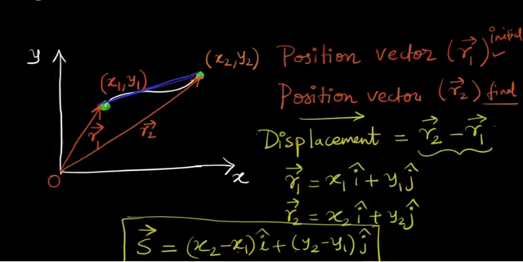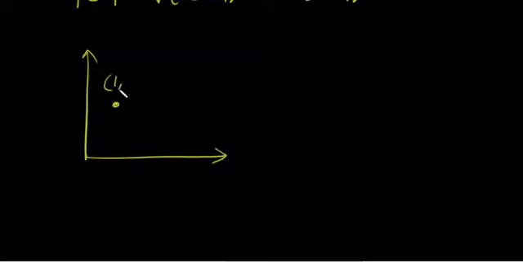Now let's consider one example. A person is initially at position 1 and 2, and the final position is, let's say, 4 and 7. If I ask you what the displacement vector is for this situation, you will name this as x1 y1 and this as x2 y2.